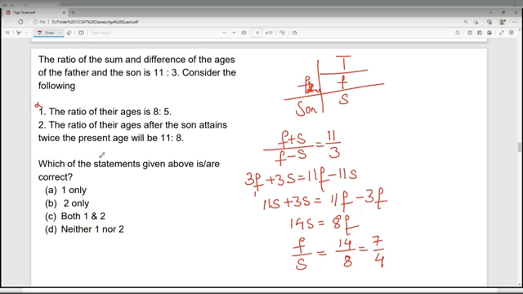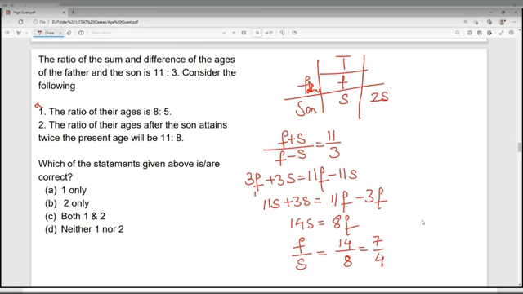They're saying the ratio of the ages after the son attains twice the present age. The present age is s, so twice the present age is 2s.